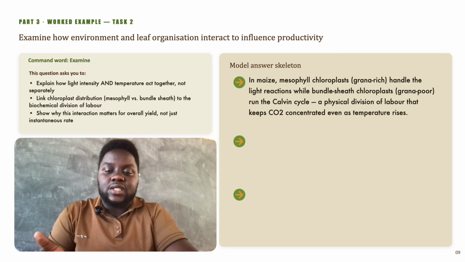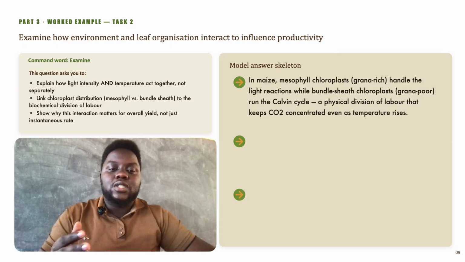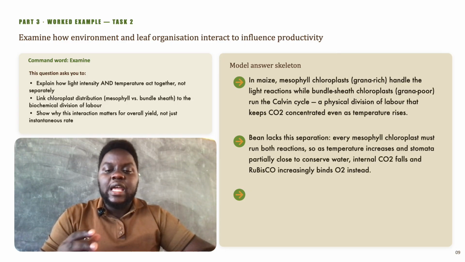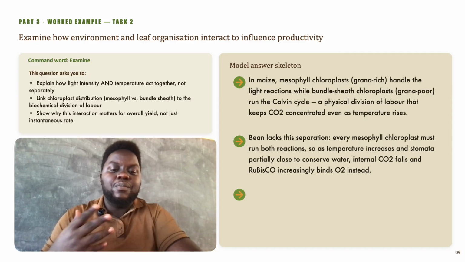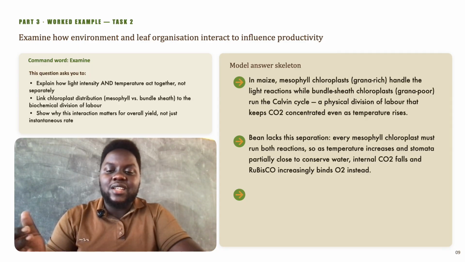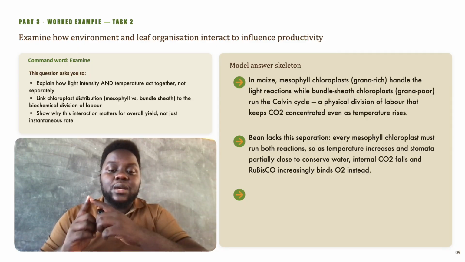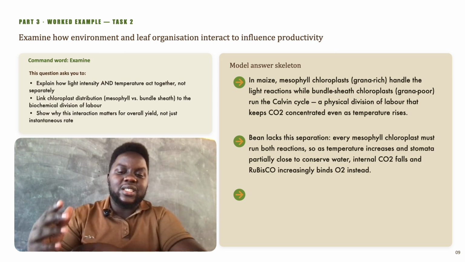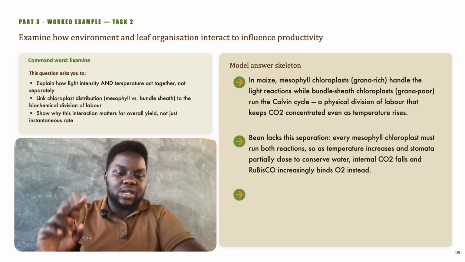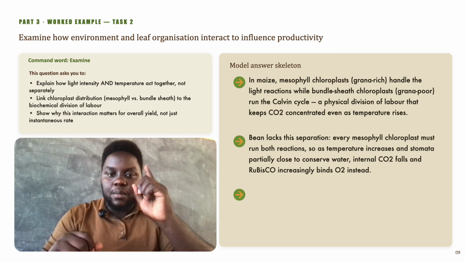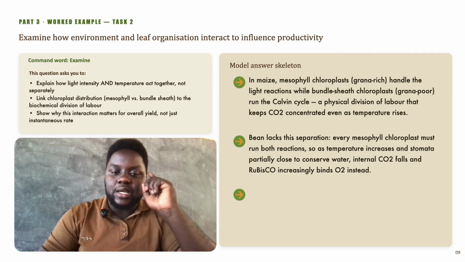Beans do not have such a separation. Every single mesophyll cell in the bean has to run both light reactions and the Calvin cycle in the same compartment. So as temperature rises, two things happen simultaneously, which make the situation worse. Number one, the stomata begin to partially close.